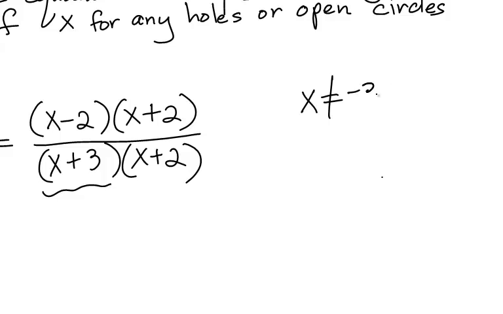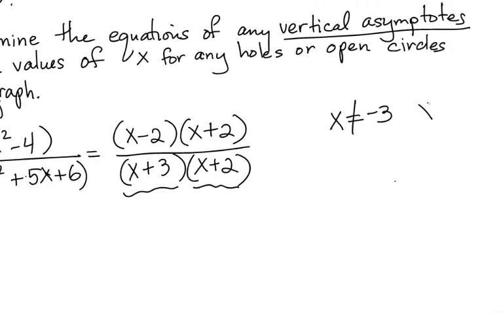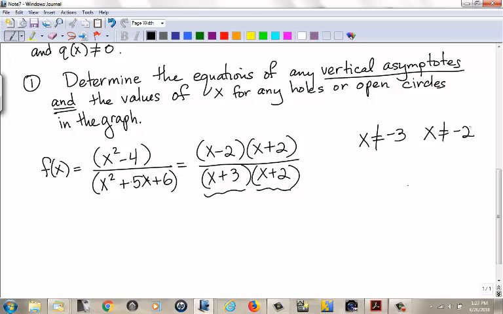Negative 3. And what's going to make this 0? So x cannot be negative 3 and x cannot be negative 2. Those are either vertical asymptotes or open circles. And at this point you can't tell which until you graph it.